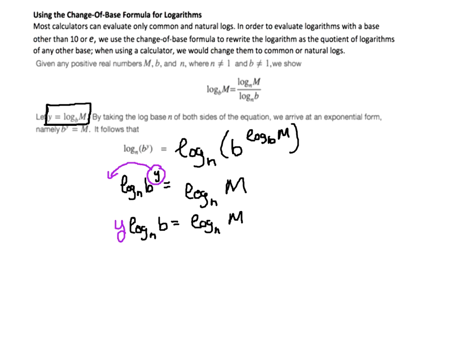And I can divide log base n of b off of both sides. And that leaves me with y equals log base n of m divided by log base n of b. However, I noted at the very beginning that my y, which all I'm left with on the left-hand side now is y, is actually equal to log base b of m.